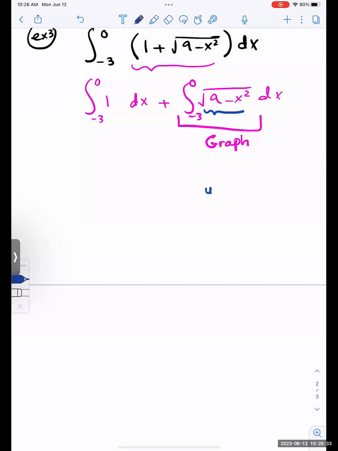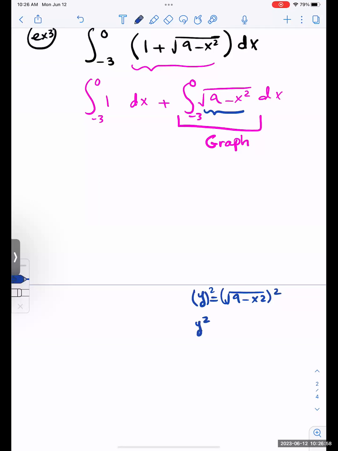If I have y, I want to graph y equal to radical 9 minus x squared. Agreed? Y equal to radical 9 minus x squared. I'm going to do it way below, so then it's not interrupting my answer for the integral. So can I square both sides?